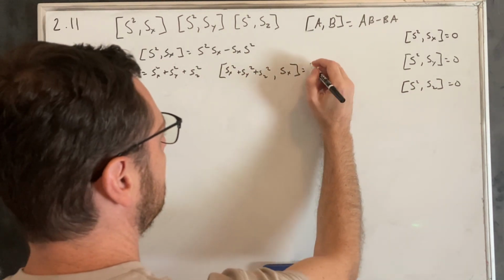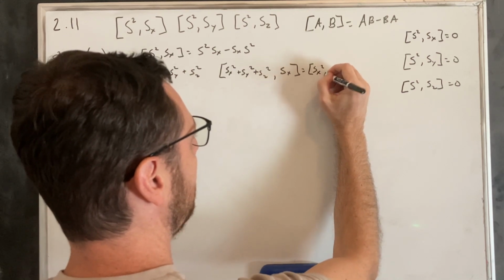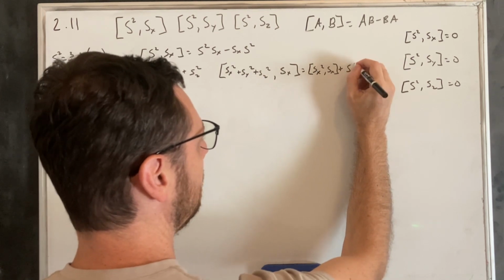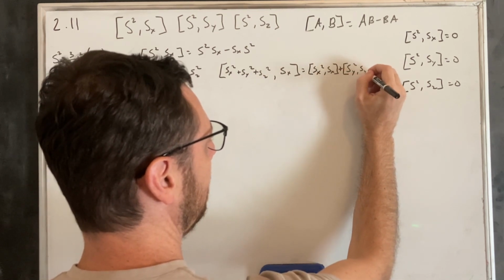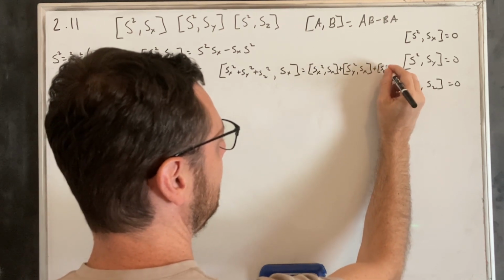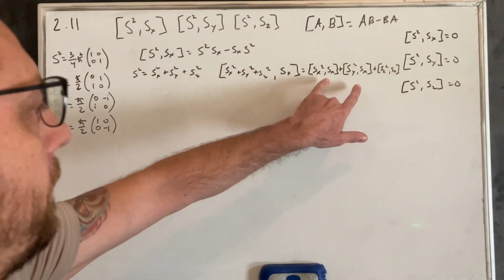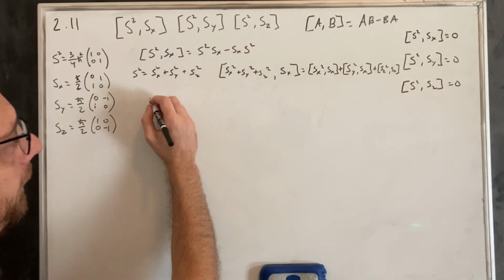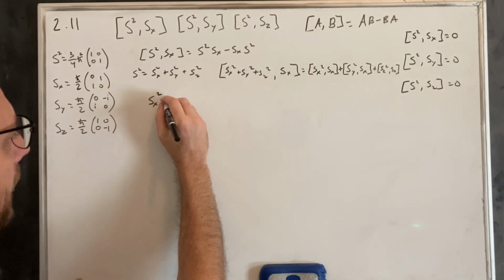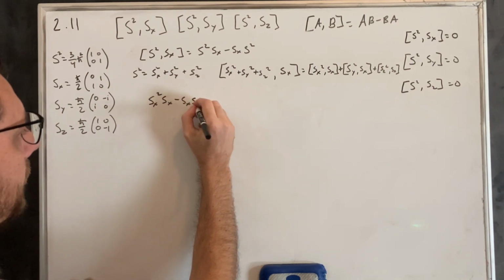So that also means that we can do Sx squared Sx plus Sy squared Sx plus, we're out of room, Sz squared Sx. All right, and then if we write all those terms out, then we have Sx squared Sx minus Sx Sx squared.